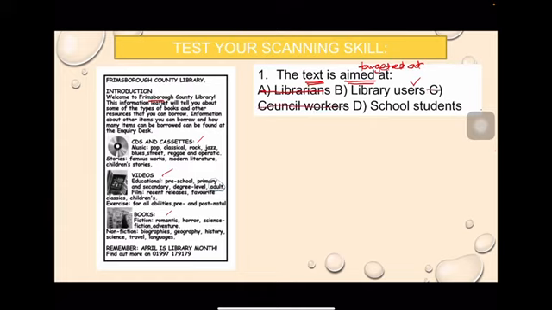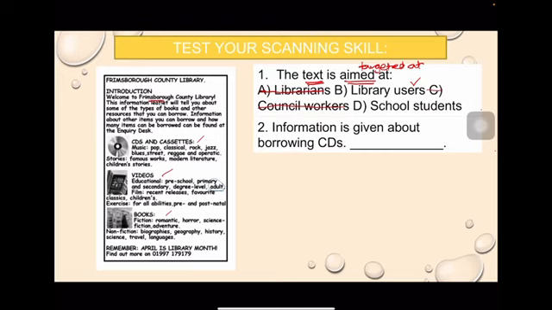So I'll just scrap it out. School students, yeah, maybe. But in this case, because the material mentioned adults. So if you say school students, how about the adults? So it does not cover the adults if you only limit to school students, yeah? So the answer is B.